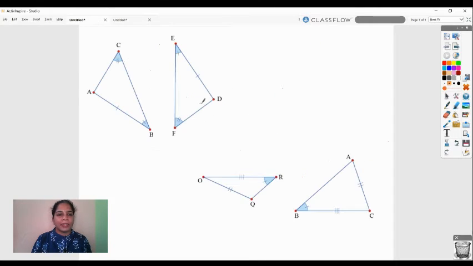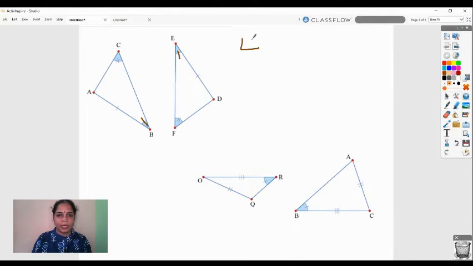Coming to next, let's come to this. So in this, what have they given? You have to understand all these symbolic representations. This angle is equal to this angle.